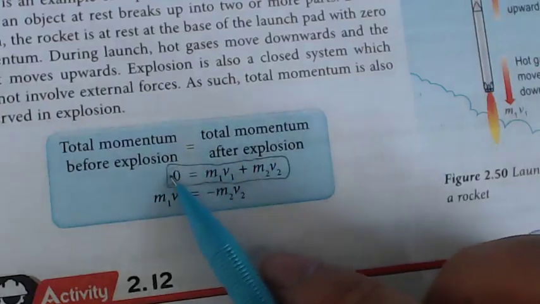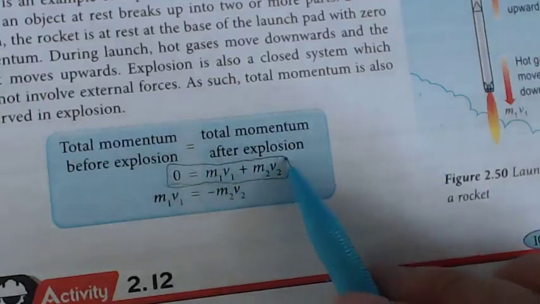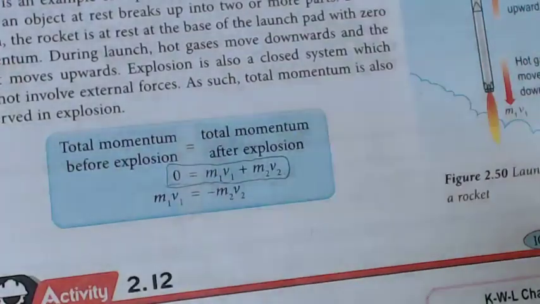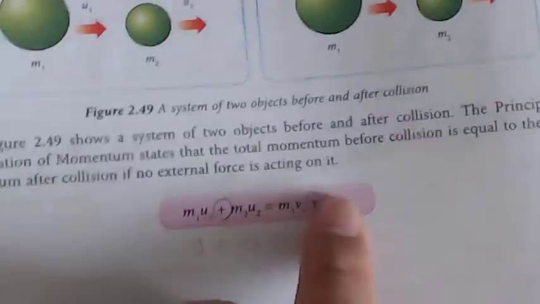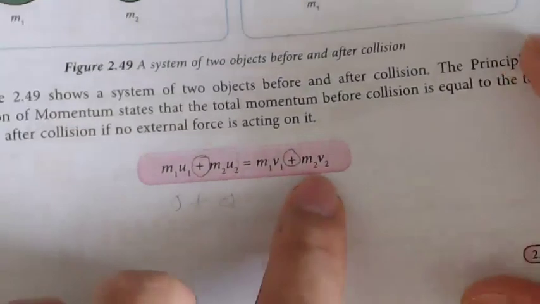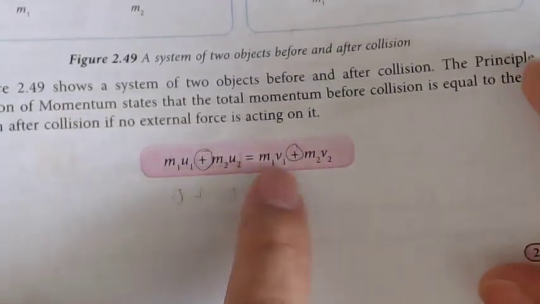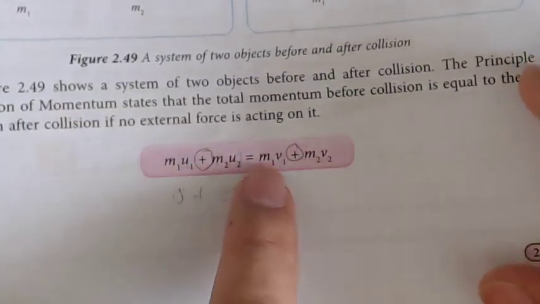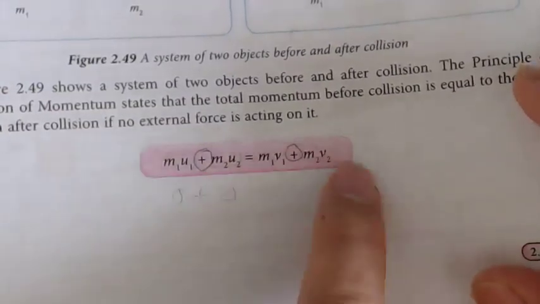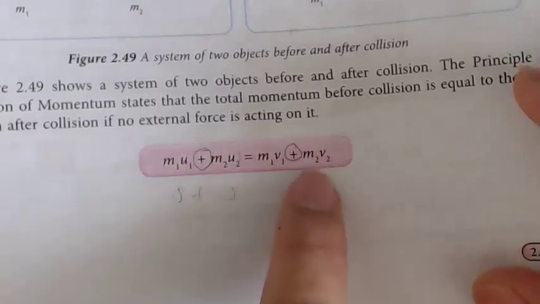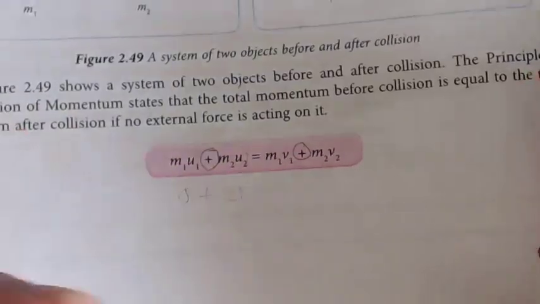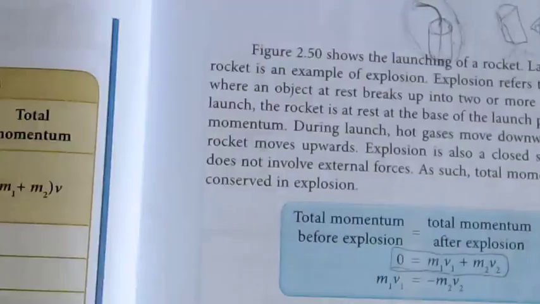So you just need to focus more on this only. Let's say you want to find the value of V1 here. You've got all the values, then you do the algebra transfer, correct? It's mathematics only.